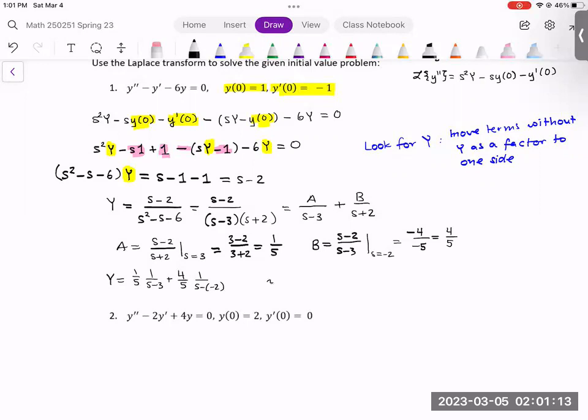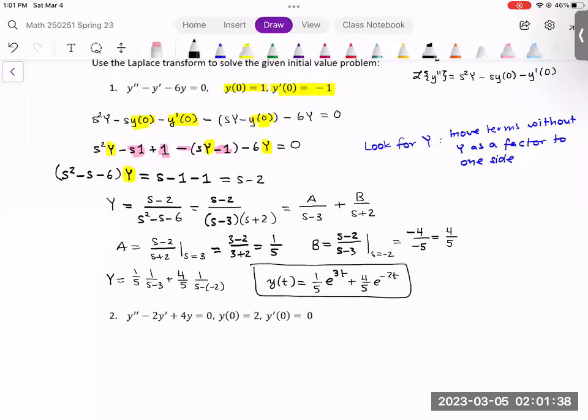The inverse Laplace transform of big Y is little y. The constant multiples just come along, and we have 1/5 e to the 3t plus 4/5 e to the -2t.